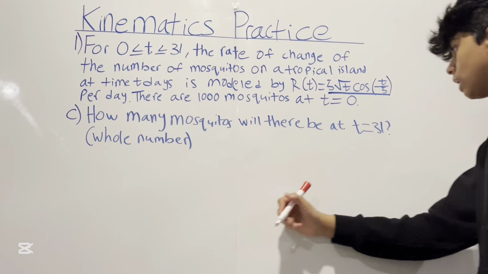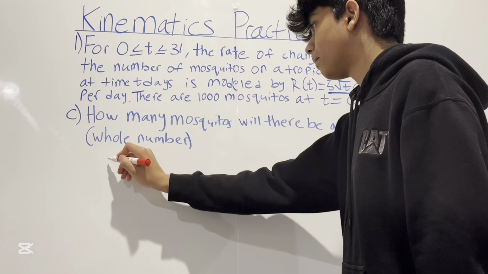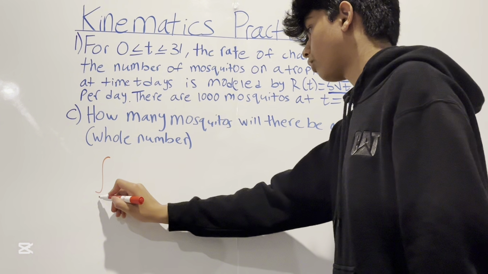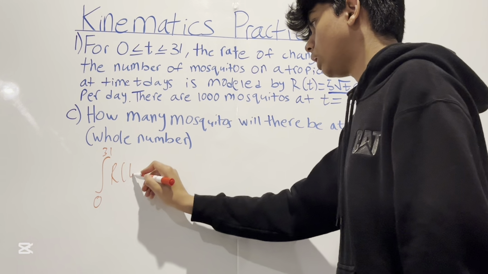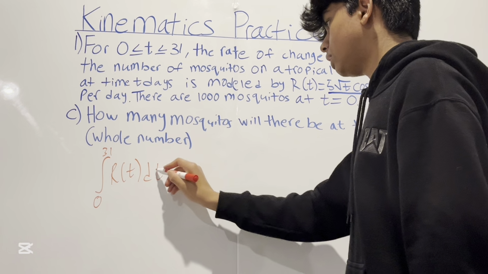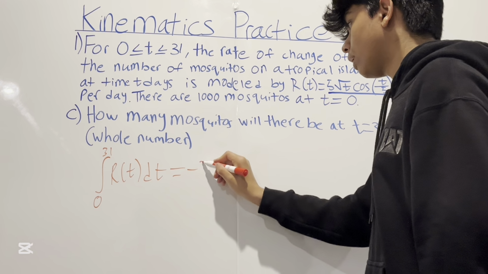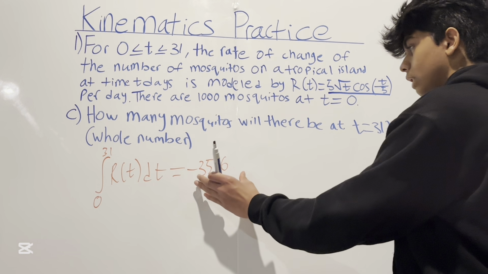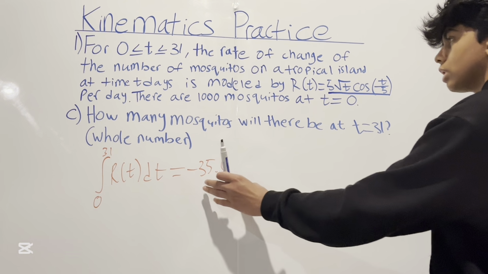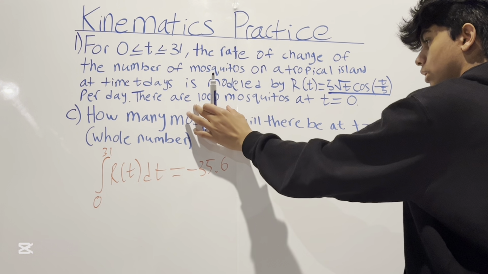And since they say at t equals 31, first we're going to find the integral of the function, so from 0 to 31 of r of t dt. If you plug this into your calculator, you're going to get negative 35.6. And this is not the final answer, because in the question they said at t equals 0, there are 1,000 mosquitoes.